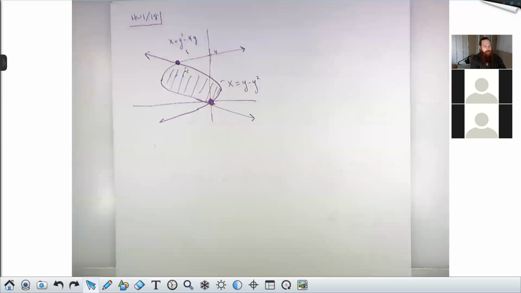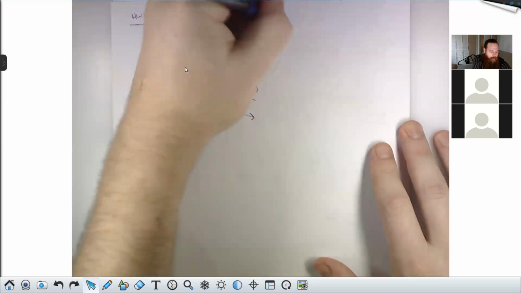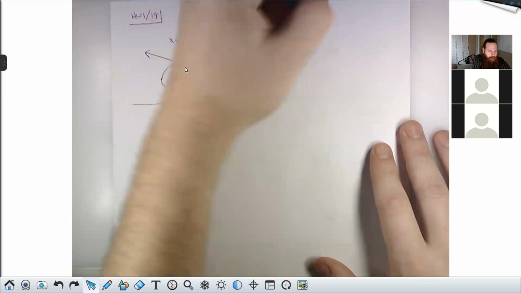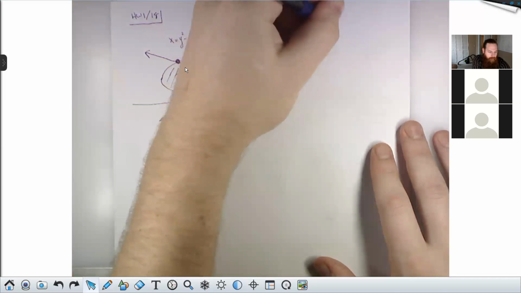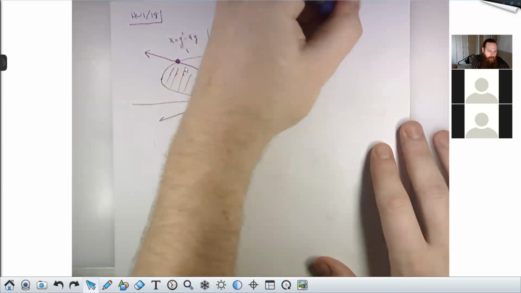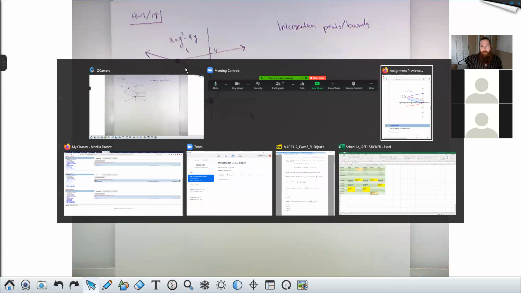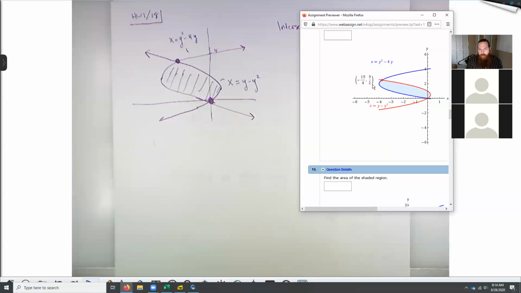So before we can set this up, we have to find the intersection points. Oh, Rakib seems to say that they give us that intersection. Is that the case? Yeah, this looks like the origin.